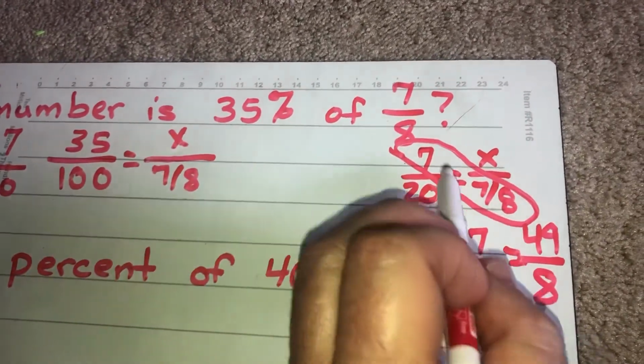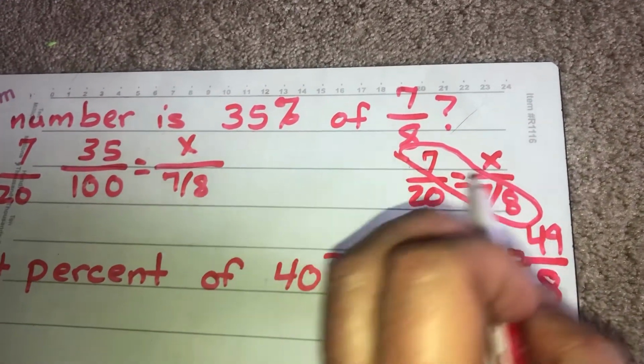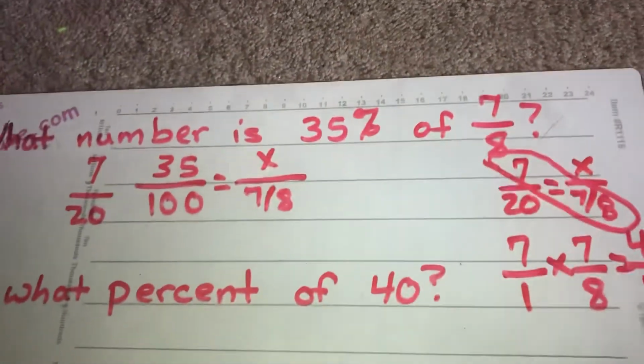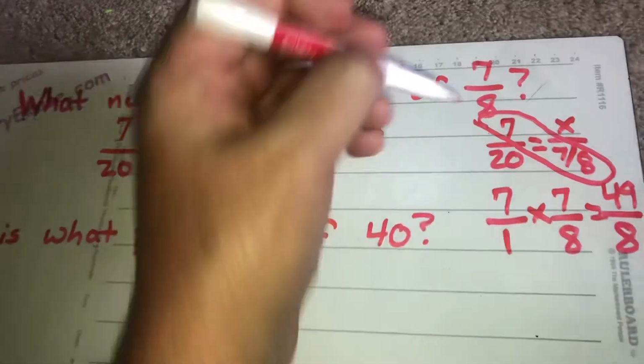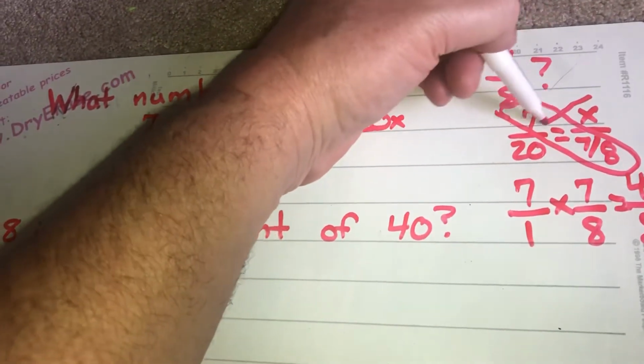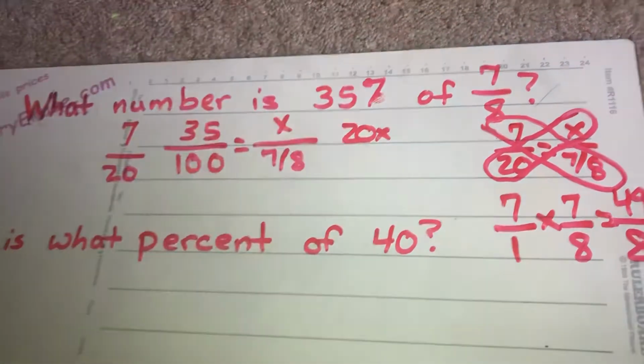That 49 over 8 has to equal the same thing as 20 times x, because these two multiplied together have to equal the same as those two multiplied together.